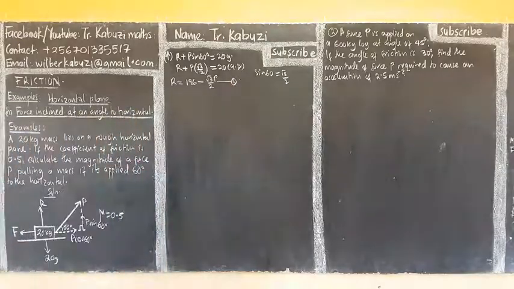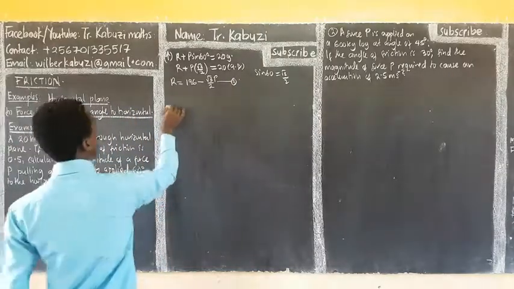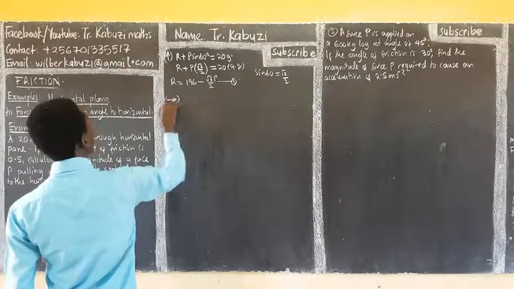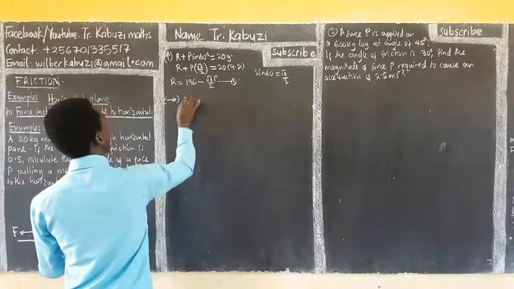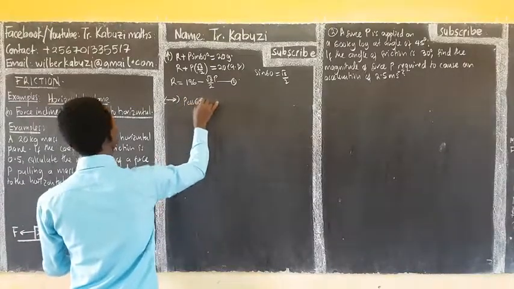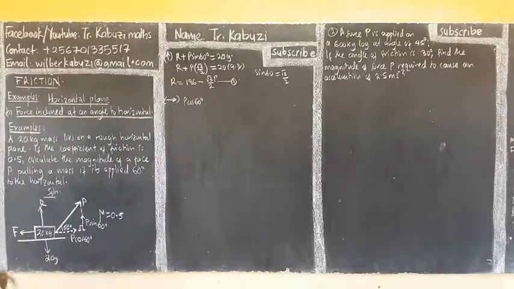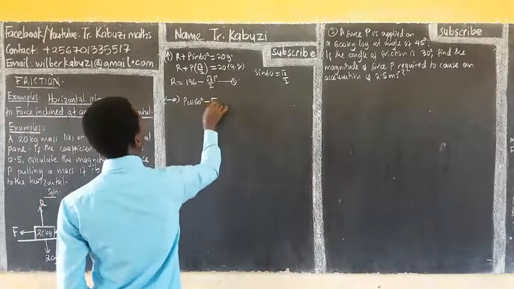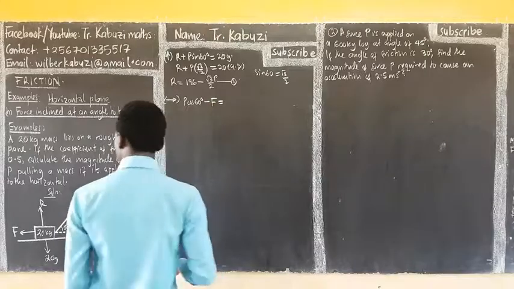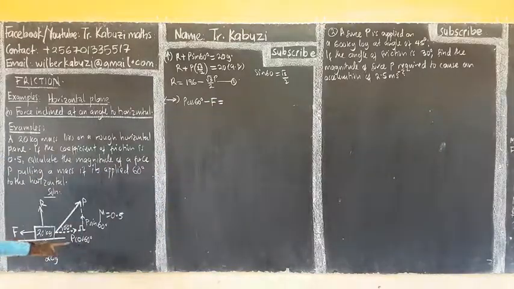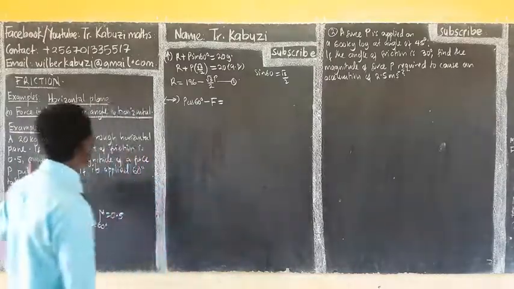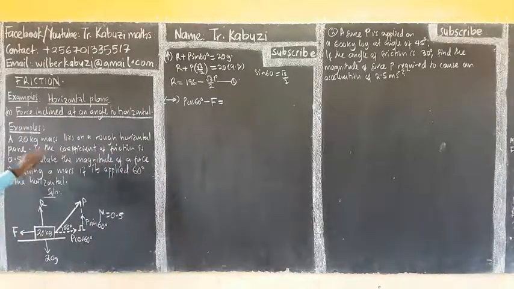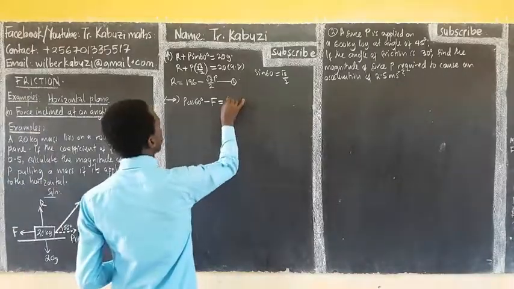Now let me resolve horizontally. The force pulling us in that direction is P cos 60 degrees. Then there is something opposing, which is the frictional force F. Those are the only two forces we have horizontally, and it equals the mass times acceleration, but because the body is just lying on a plane, this cancels to 0.